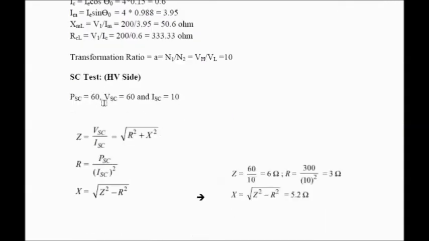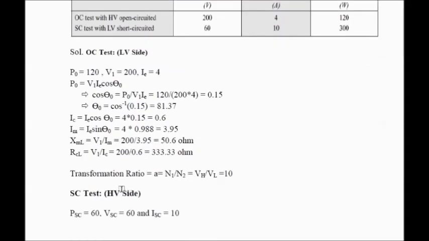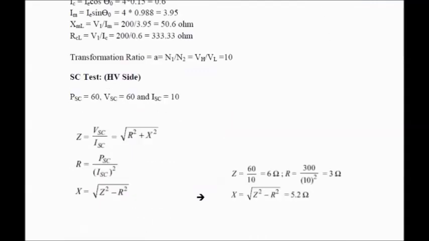On the high voltage side we have PSC is 60, VSC is 60. No, actually there is a mistake here. This PSC is 300 actually. So let me rectify it. This is not 60, this is 300.